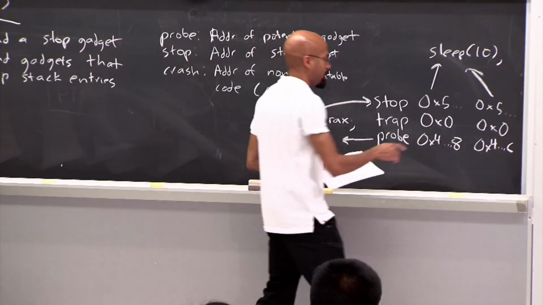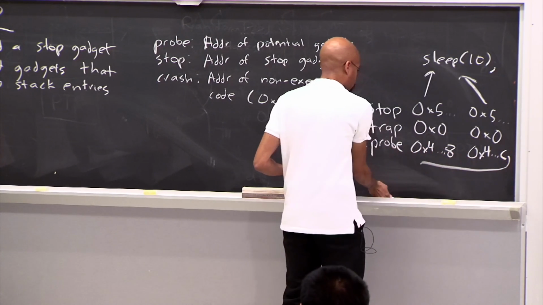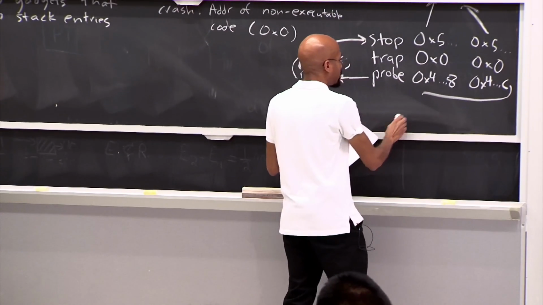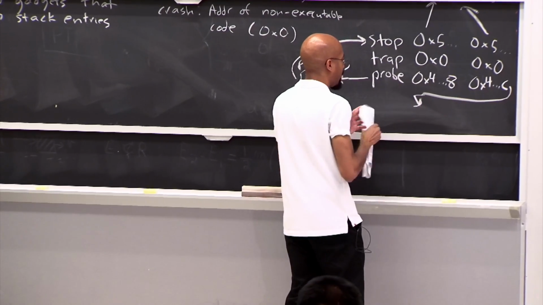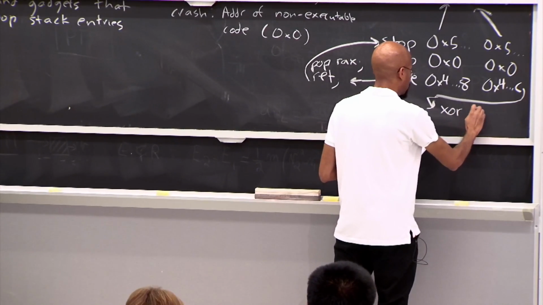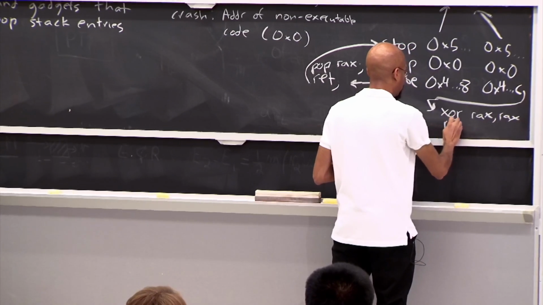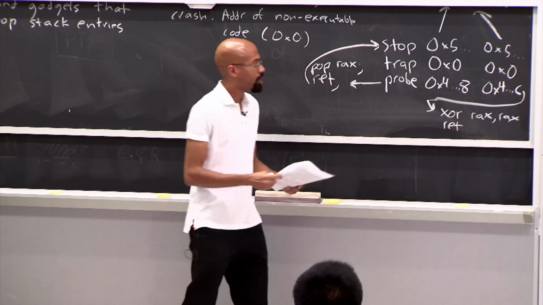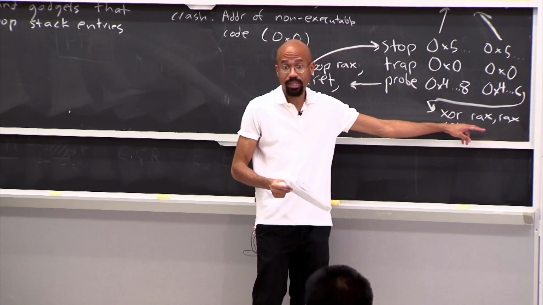Now let's say that this gadget here pointed to something like the following. Maybe it just does an XOR, for example. So it's just going to XOR some registers, and then it's going to ret. So what happens if we try to jump to this gadget, right? Note that this does not pop anything off the stack.